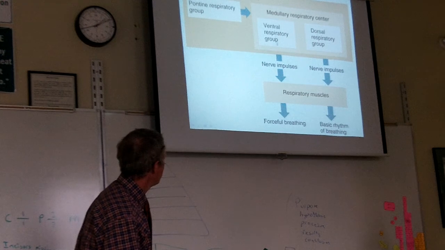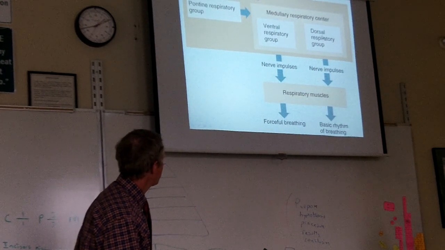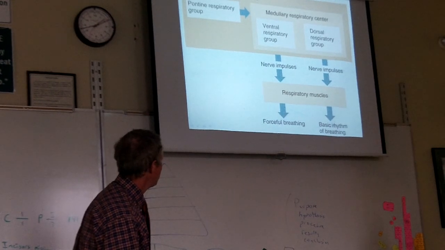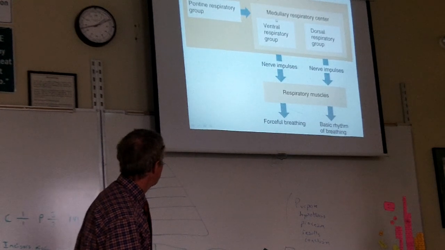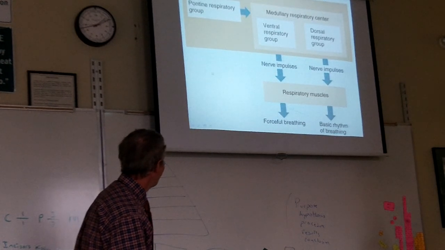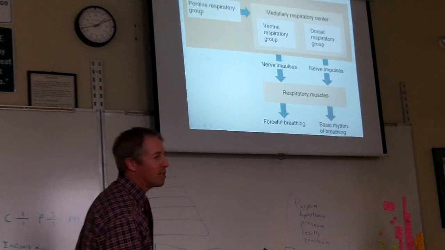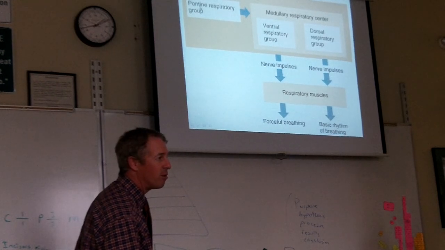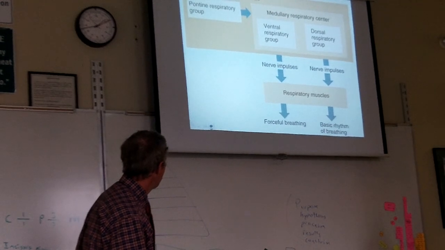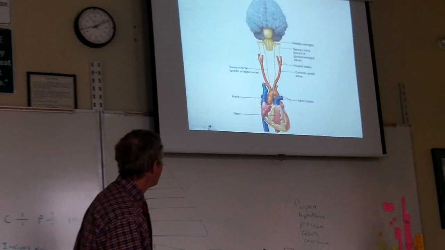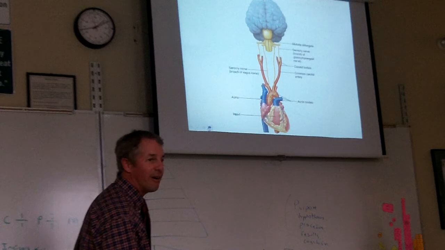The ventral respiratory group sends nerve impulses for forceful breathing. The dorsal respiratory group sends nerve impulses for basic breathing. And the pontine respiratory group is helping out some. I've never heard that word until this edition of this book. I just heard it was the pons that helped. That's what it's now called, the pontine respiratory group. What do you know?